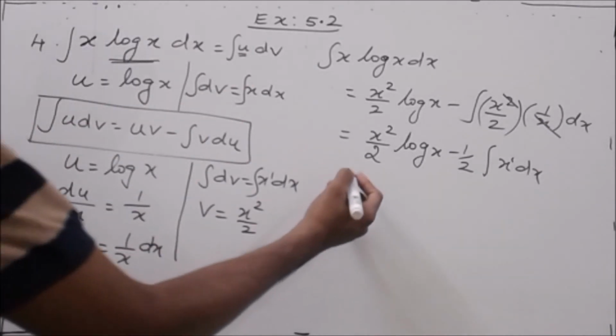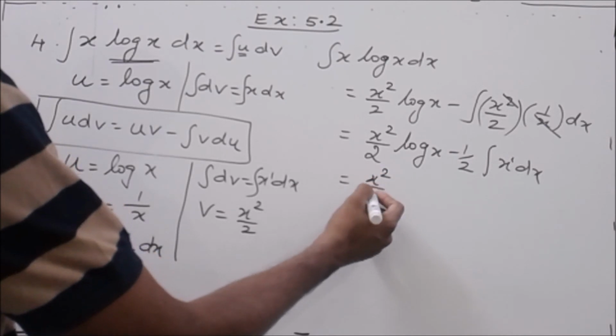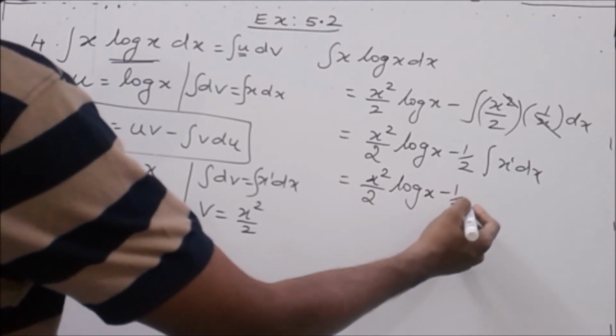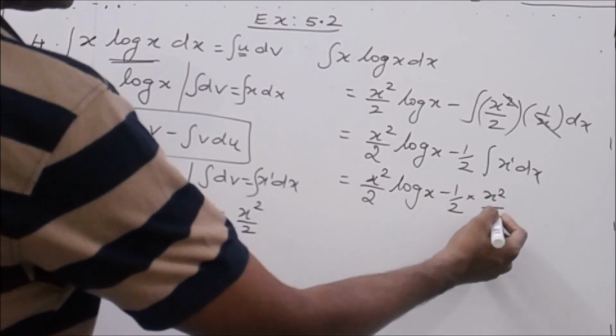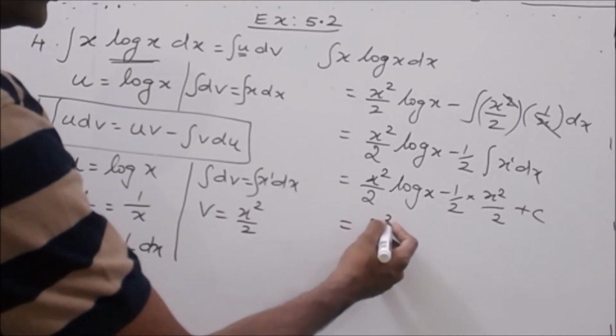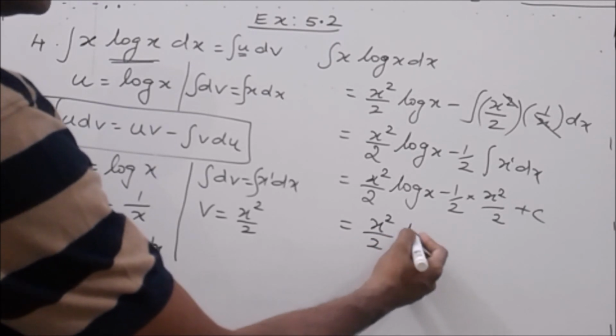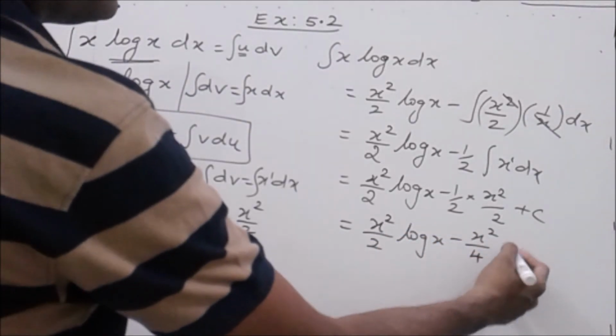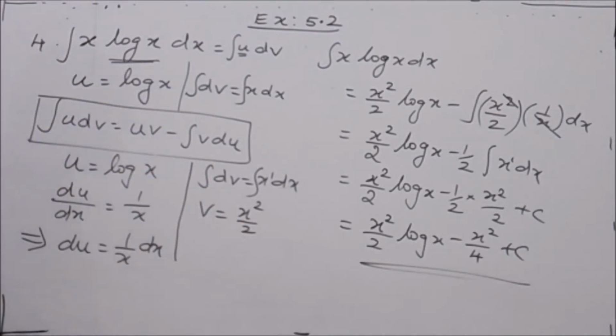So this equals x square by 2 log x minus 1 by 2 into x square by 2 plus c. The answer is x square by 2 log x minus x square by 4 plus c, which is the required answer.